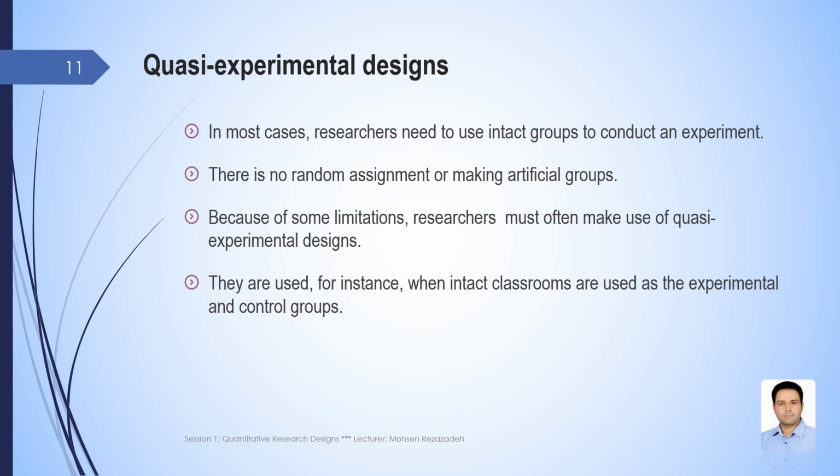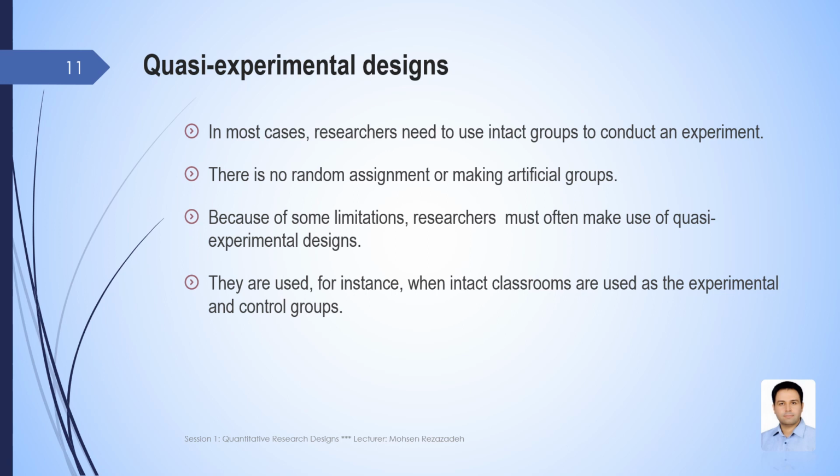In fact, quasi-experimental studies take on many forms, but may be best defined as lacking the key components of a true experimental design. While a true experiment includes pre-test, post-test design, a treatment, and a control group, and also random assignment, a quasi-experimental design lacks one or more of these design elements.